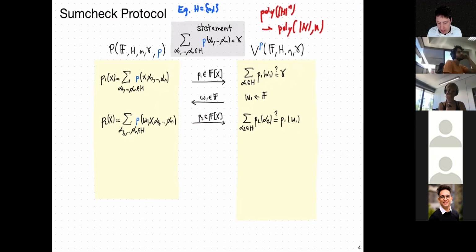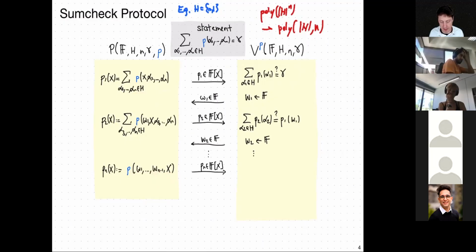So the verifier keeps probing the prover with further randomness until at some point it gets to the end. And the prover is supposed to send the polynomial P evaluated at omega 1, omega 2, omega 3, all the way up to omega n minus 1, but for the last coordinate x, and it sends it. There is a natural consistency check.